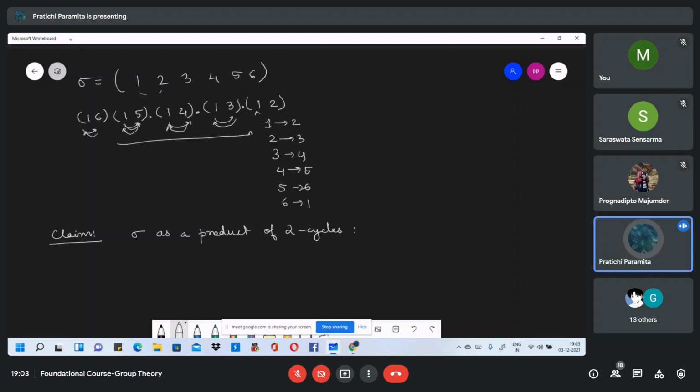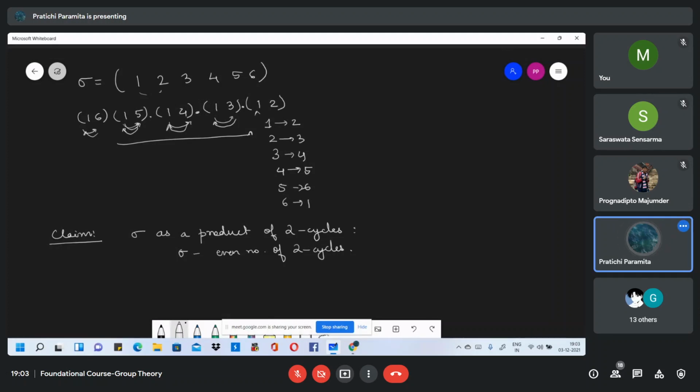So if I say that I have a sigma which I can write as a product of an even number of two cycles, then any other way of writing sigma as a product of two cycles will have an even number of terms. That is, the number of two cycles will be even.